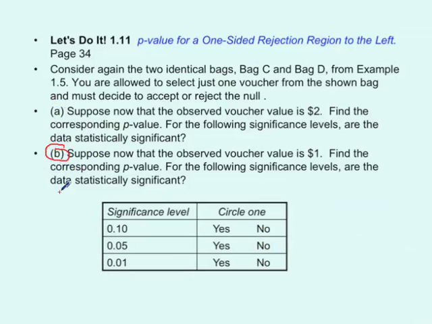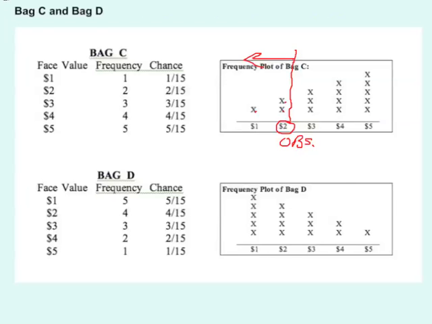Now in part B, suppose that the observed voucher is $1. Find the corresponding p-value, and for the following significance levels, are the data statistically significant. I'm going to repeat this whole problem all over again. Let's get rid of all of our previous writing. Now $1 is our observed value. To calculate my p-value, I'm going to do it just like I was calculating alpha.